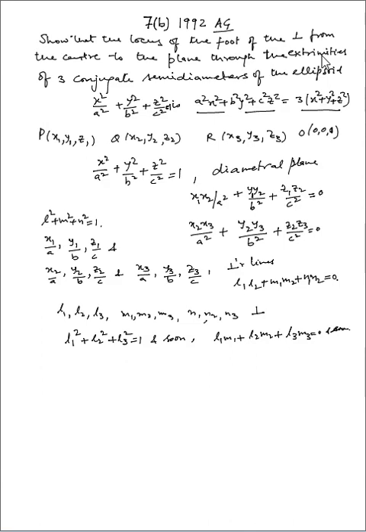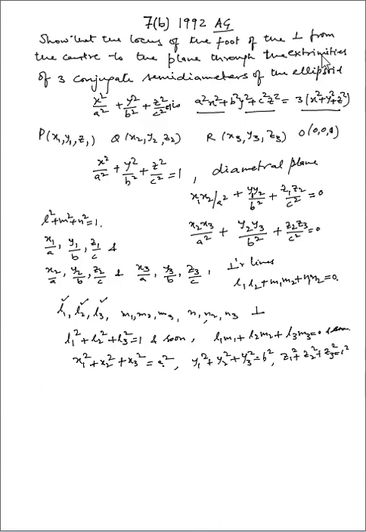In this way, as we have written here, we are now taking l1, l2, l3, so we can take x1, x2, x3. So x1 square plus x2 square plus x3 square is equal to a square, because this is x1 square upon a square plus x2 square upon a square plus x3 square upon a square is equal to 1. And y1 square plus y2 square plus y3 square is equal to b square. And z1 square plus z2 square plus z3 square is equal to c square.